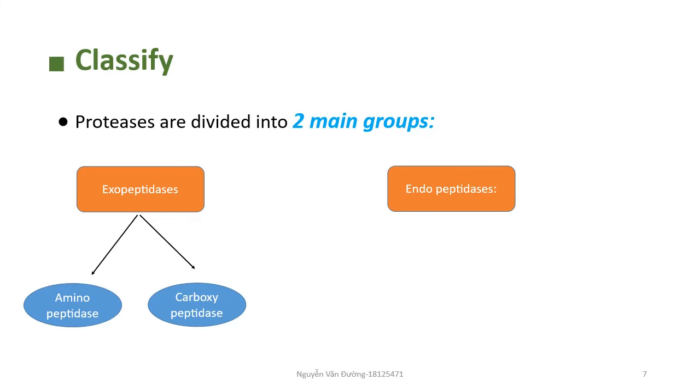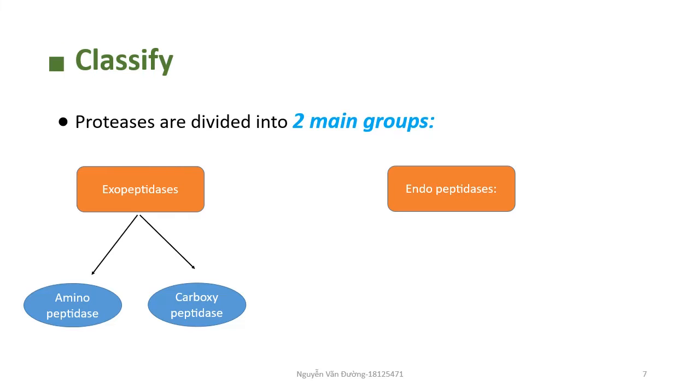Carboxypeptidase catalyzes the hydrolysis of the peptide bond at the carbon terminus of the polypeptide chain, and it also releases an amino acid or tripeptide.